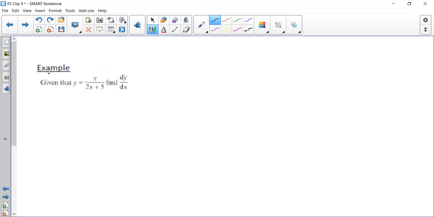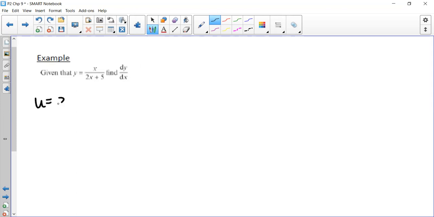So, example, given that y equals x over 2x plus 5, find dy by dx. We can see a fraction is dividing, so we can use quotient rule. So u is the numerator and v is the denominator, just the denominator, not 1 over, because u over v, so v is the denominator. So du by dx, differentiate on both sides, is 1, dv by dx is 2.